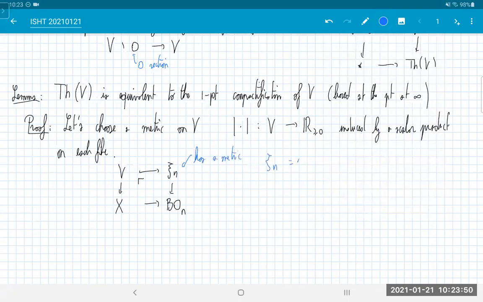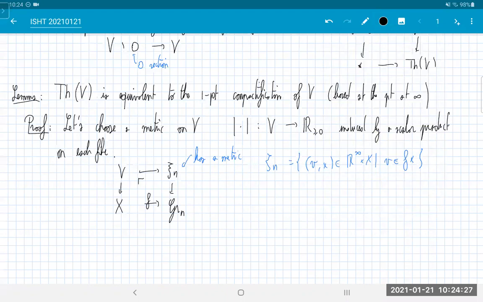Since the universal bundle is given by pairs of a subspace V in R infinity times x, such that, so sorry, not BO(n), I mean it is BO(n), but let me call it the nth Grassmannian, such that V is in f of x, where f is this map. And you can just take the norm in R infinity, and this gives you a nice scalar product on each fiber.